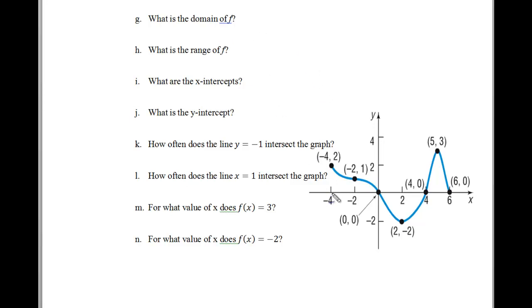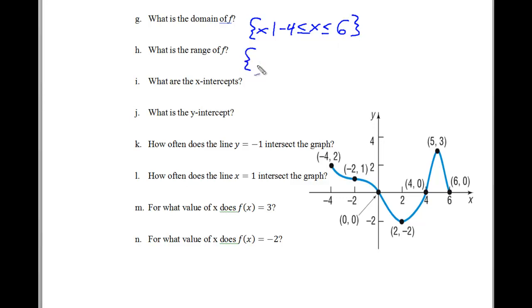The furthest left it goes is negative 4, and the furthest right it goes is 6. So our domain is the x values between negative 4 and 6. And the proper notation for this is going to be less than or equal to, and the reason why is because these are solid dots. These are solid locations, so we actually get to negative 4 and we get to 6.